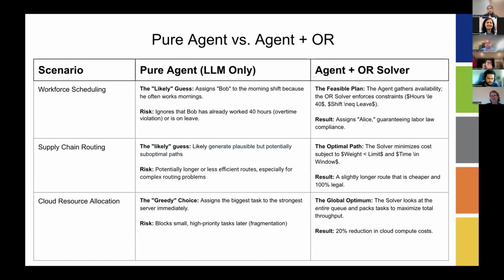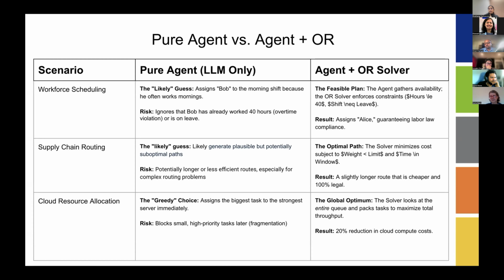Now let's have a look at the comparison for these domains: how a pure agent versus agent plus OR reacts. If we have only LLMs or pure agents, they are likely to respond to the user input in a greedy way.